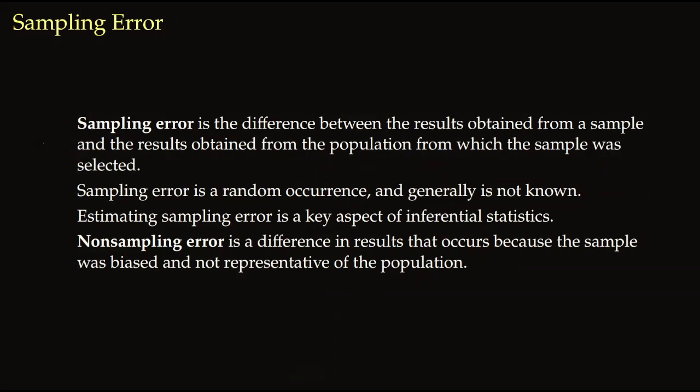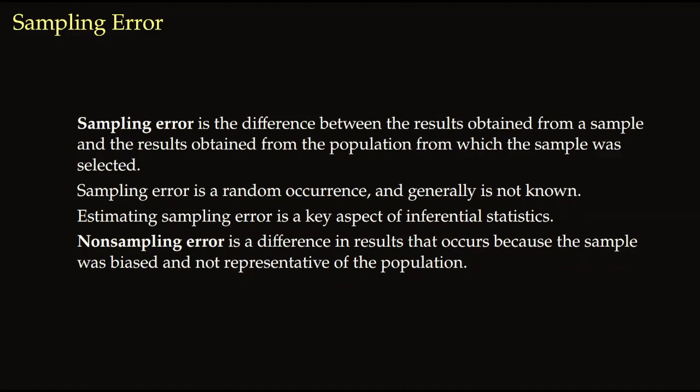All right. Now, because sampling can be biased if we are not careful in how we choose our sample, that can result in what's known as sampling error. This is something I'm going to stress throughout the semester.